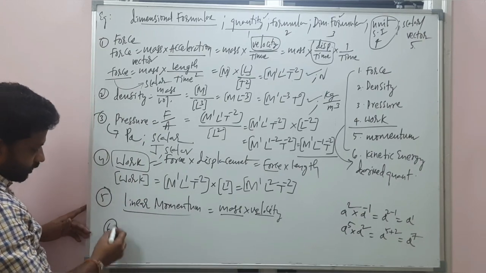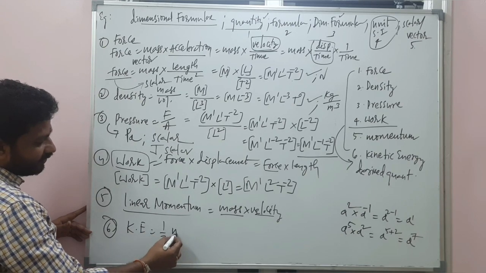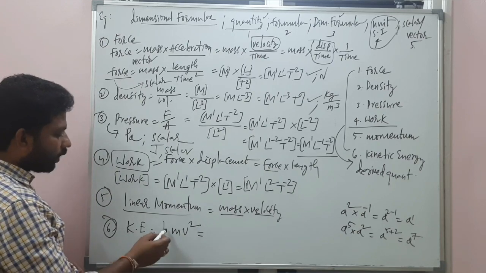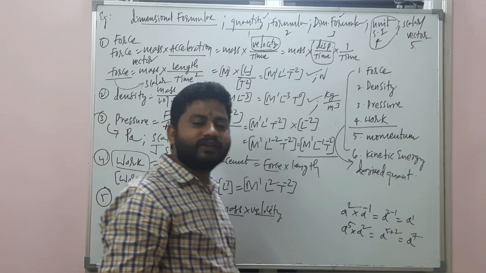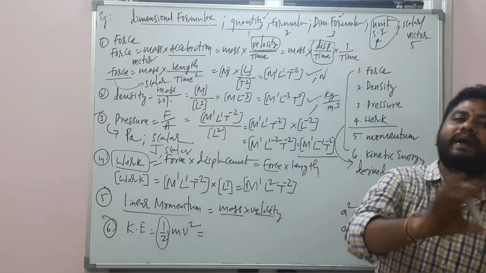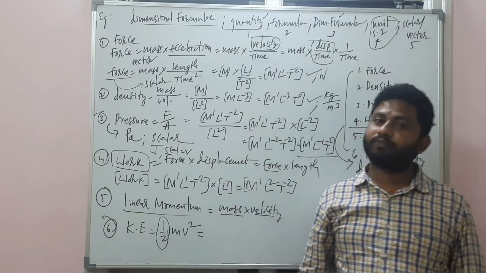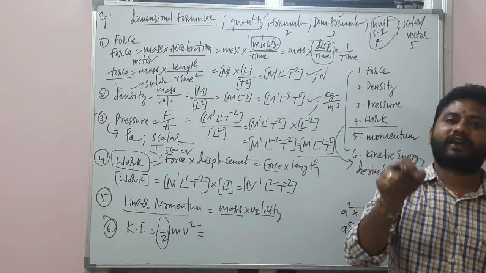And the sixth one is kinetic energy. What's the formula here? Half into m into v square, and here you will understand the situation. 1 by 2 will not have any dimensions. Only physical quantities have dimensions. 1 by 2 is not a physical quantity, it's a numerical constant. Wherever you take it, its value is 0.5 only.